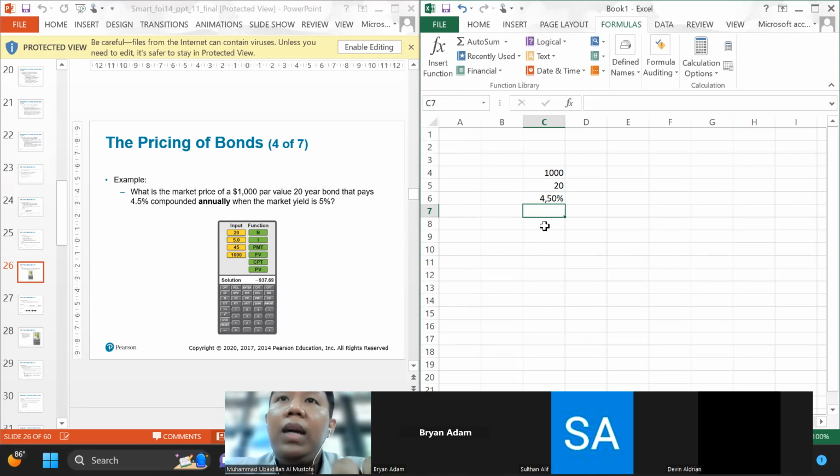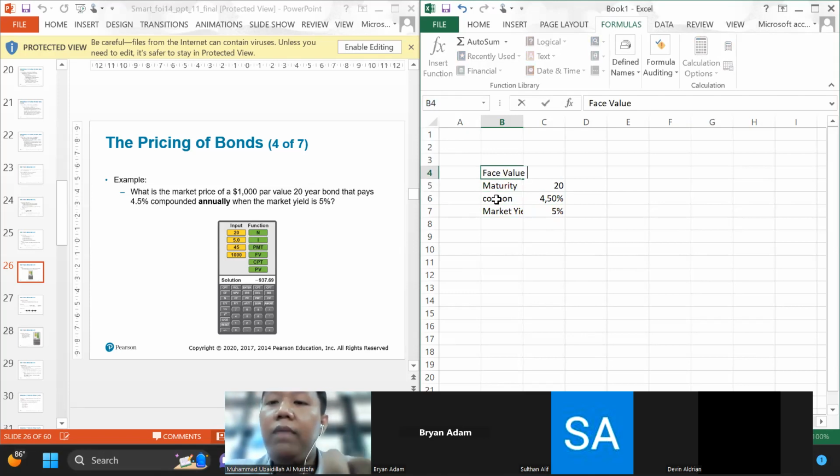And the market yield is 5%, so let's put it here. So this is the face value.